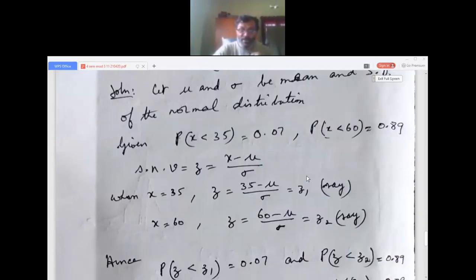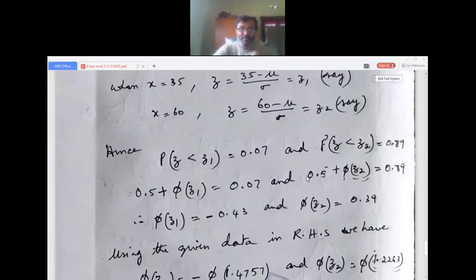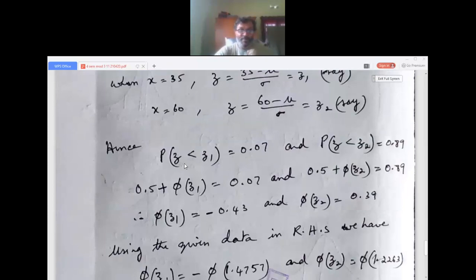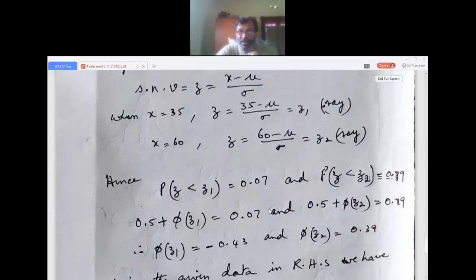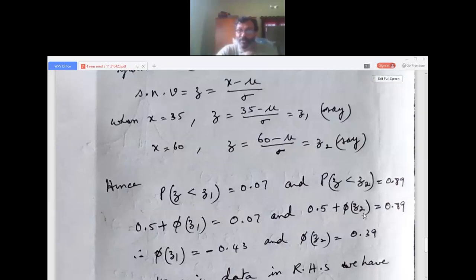So using this given data, again I repeat, P of Z less than Z1 is 0.5 plus phi of Z1. That is from the formula. Refer to the first class notes. And P of Z less than Z2 is 0.5 plus phi of Z2, same formula, 0.07, 0.89.